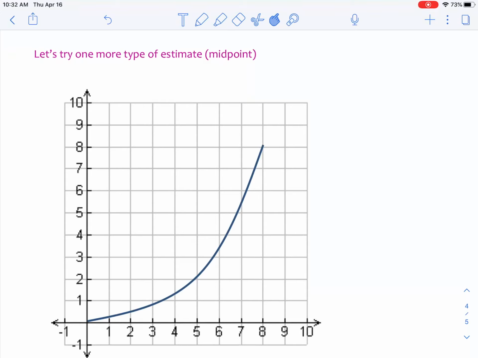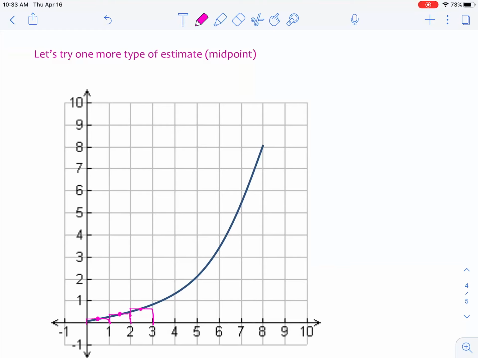So when we use 8 rectangles, our first rectangle went from 0 to 1. So instead of using either the left or the right, we're gonna use the midpoint, which the midpoint between 0 and 1 is 0.5. So I'm gonna make a point at the midpoint between 0 and 1, and I'm gonna use that point to make my rectangle. And then the midpoint between 1 and 2 is 1.5, so I'm gonna make my point at 1.5 and use that point to be the height of the rectangle.